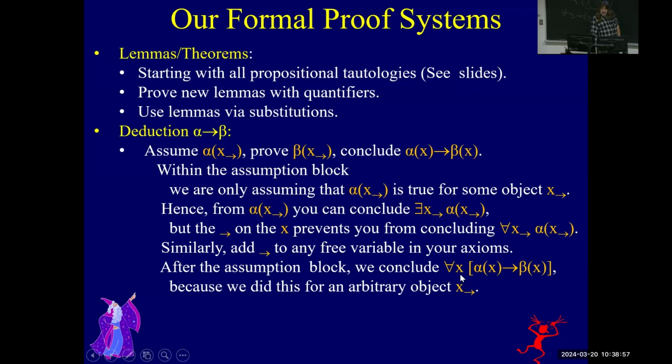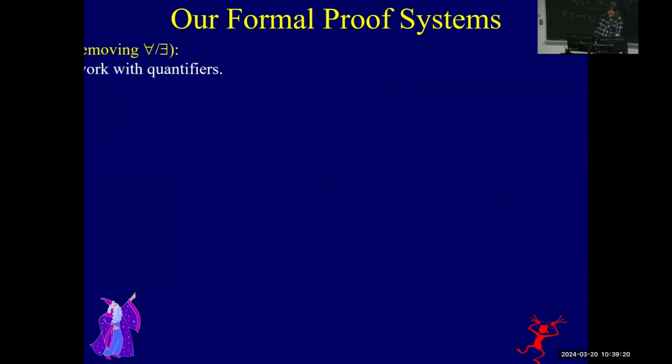And what we're avoiding proving is that for all x, alpha of x gives me for all x, beta of x, right? It's a different statement. So you have to be careful there.